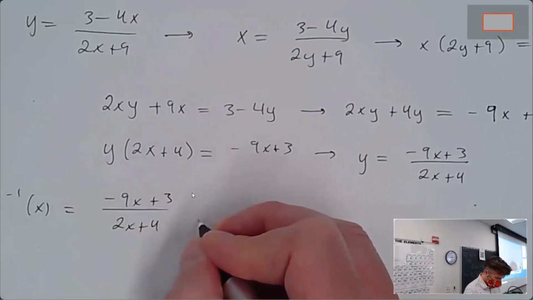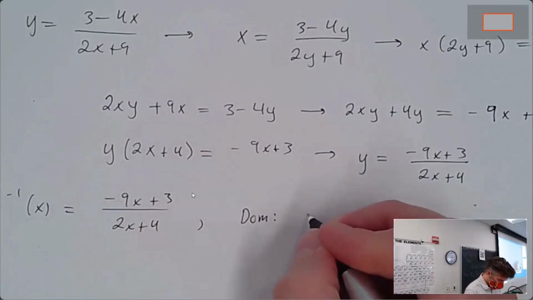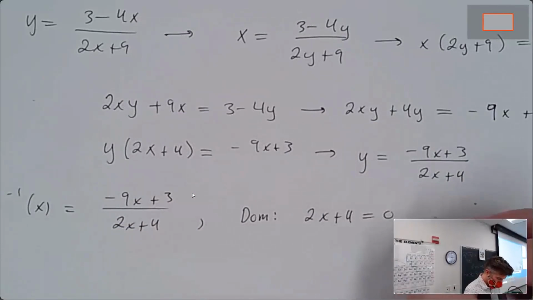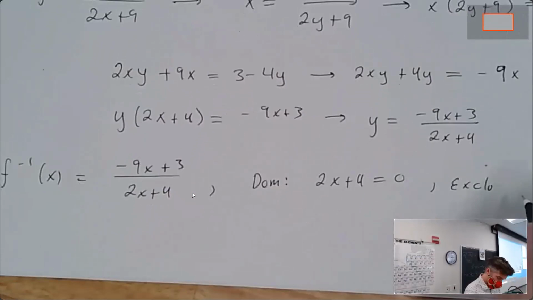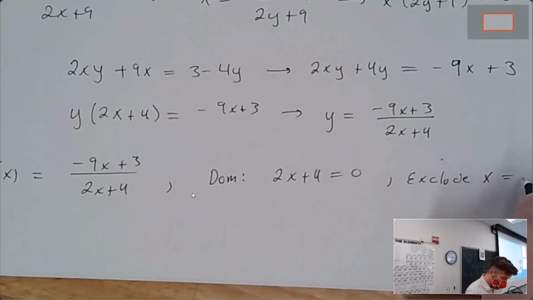And notably, for the domain of this function, 2x plus 4 can't equal 0, which means we're going to exclude where x is equal to negative 2. Sorry, I misspoke there. Negative 2.